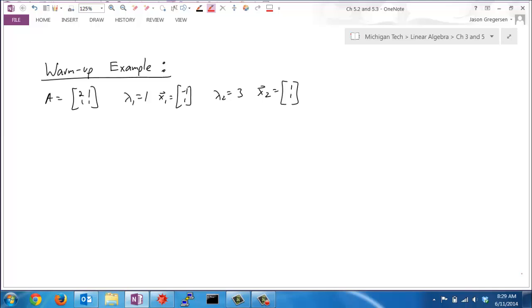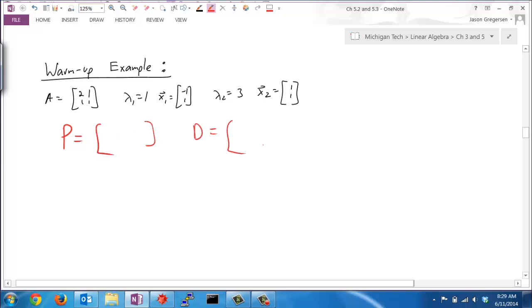And so what that means is that if we let P and D equal these two matrices, we should be able to do this diagonalization. So I'm going to let D equal 3, 0, 0, 1. I'm putting my eigenvalues on the diagonal. By convention, I'm going to put the biggest one first. I should probably switch these numberings around here.